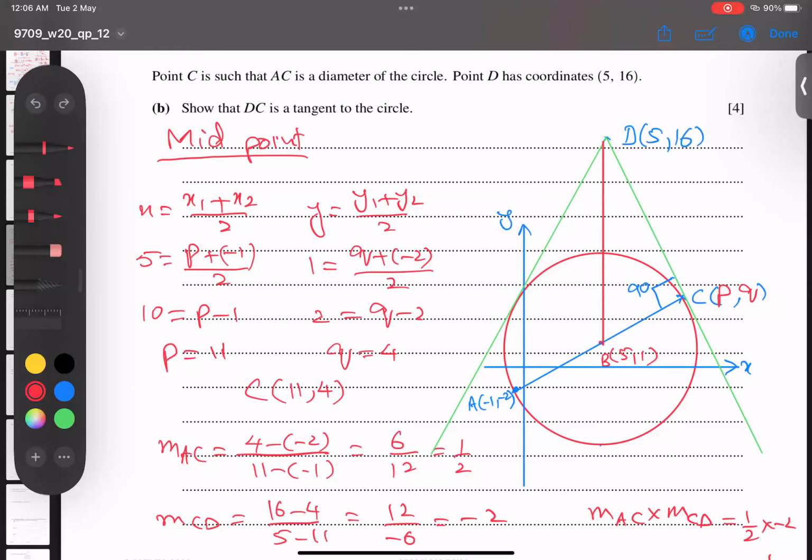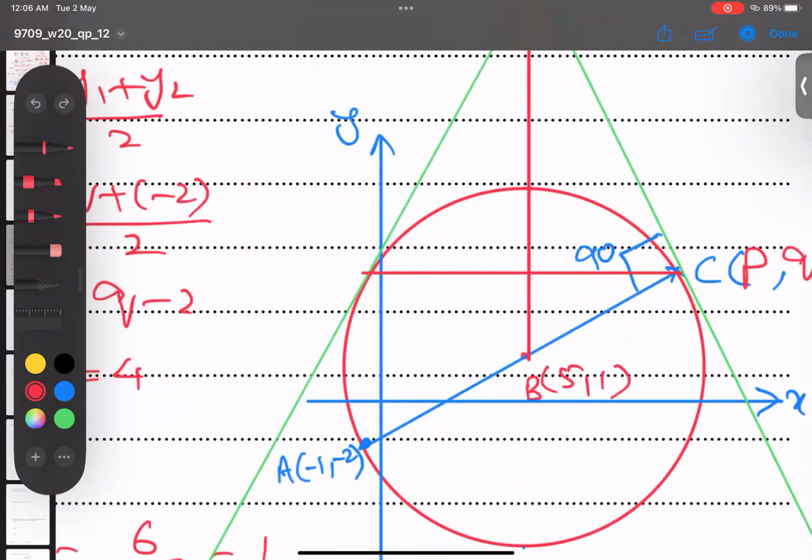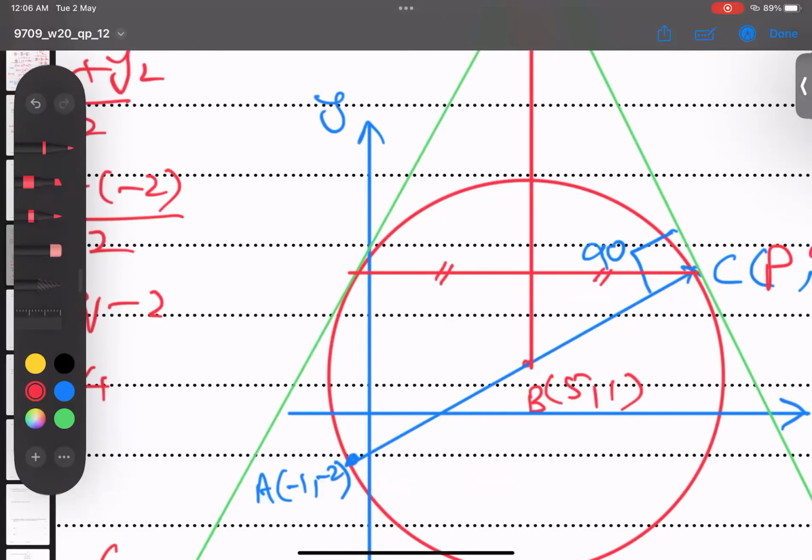So if this line is parallel to the y-axis, then this is C here, the same here, we have D. So this will behave as a kite. You can see this kite, I hope you got the kite. And this will behave as a 90 degree. This is a midpoint. And you can see this gap equals this gap.